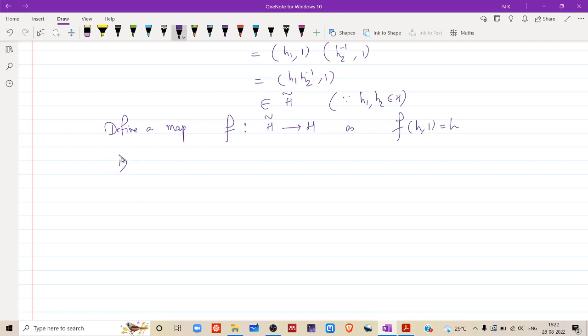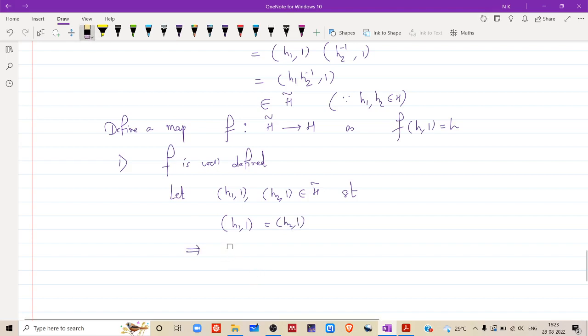So the first part: f is well defined. To show f is well defined, we have to consider two elements that are equal. So let (h1, 1) and (h2, 1) belong to H tilde such that (h1, 1) is equal to (h2, 1). If we consider the ordered pairs, we can easily find that h1 is equal to h2.